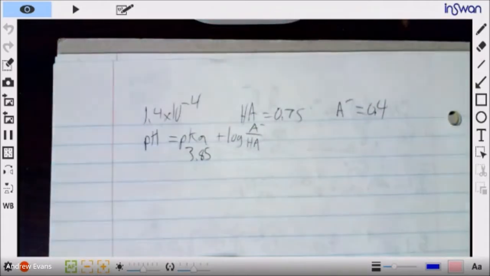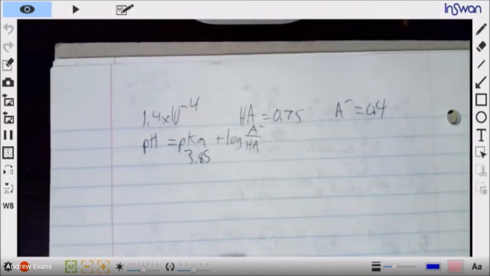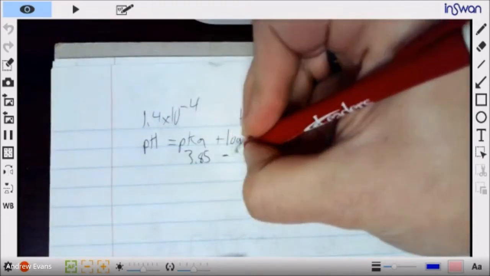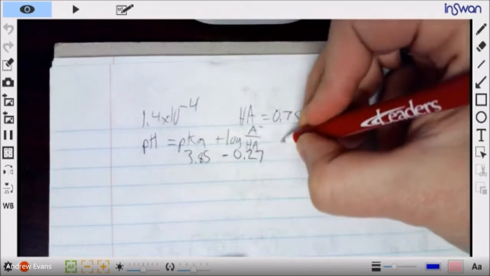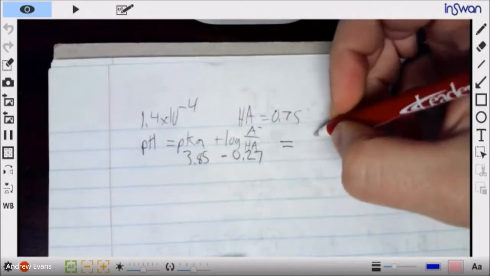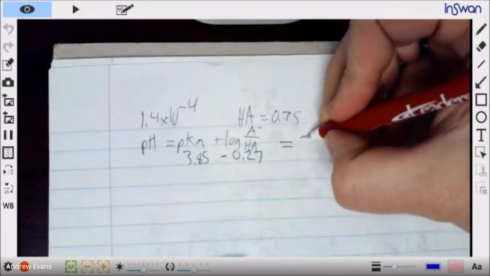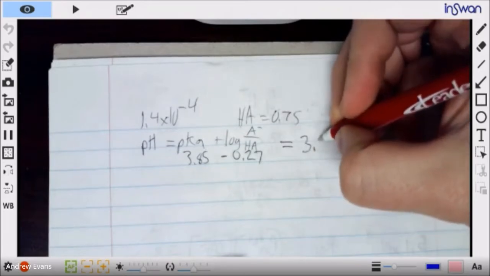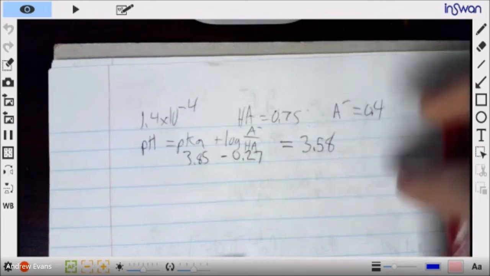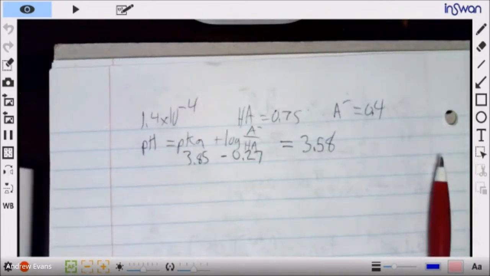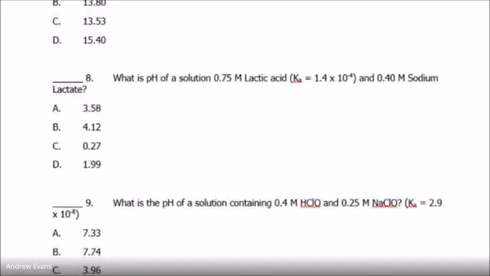So we're adding log of 0.4 over 0.75, which is negative 0.27. 3.85 plus a negative 0.27 would give us 3.58, or A.